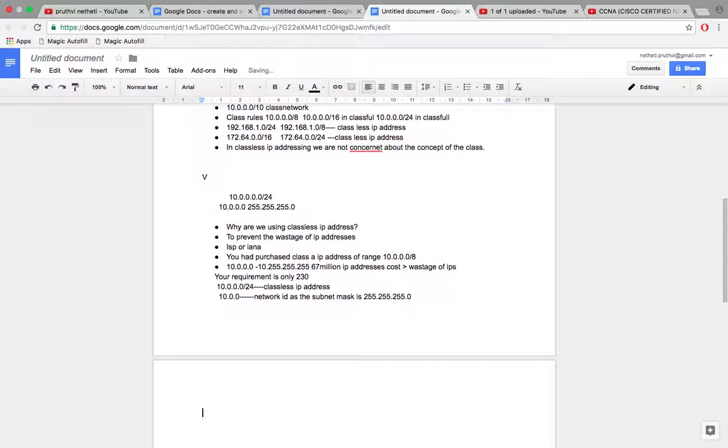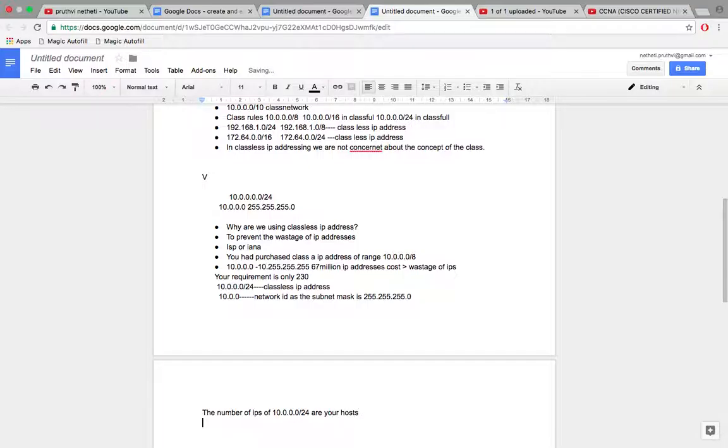So 3 octets are for network ID, and the last octet is only for hosts. 24 bits are for your network ID, and only these 8 bits are your hosts.